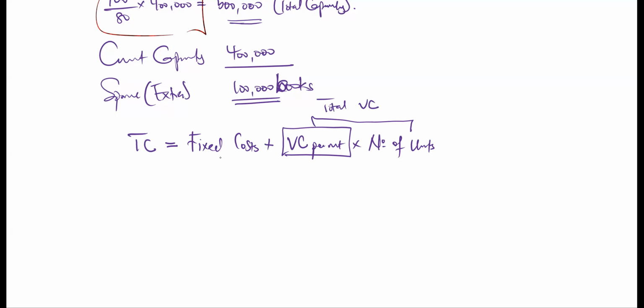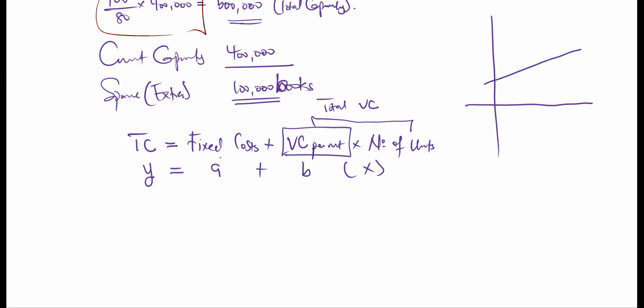So get this rule. This thing, you've seen it in mathematics as y equals a plus bx. You've seen it before, haven't you? Where if you draw a graph, this is y, the y-intercept, where it cuts the y-axis, right? This is b, this is x, right?